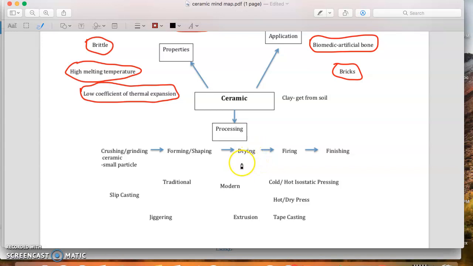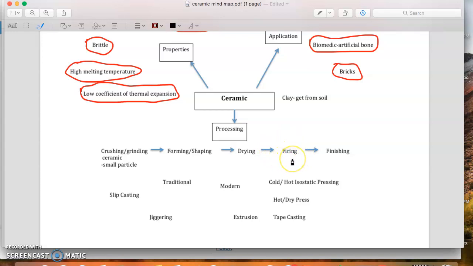And then after forming, we go for the drying process. Okay, the drying process is used to remove the water content inside the formed product. And then after we remove all the water content, we go for the next process. We call it the firing or sintering process.